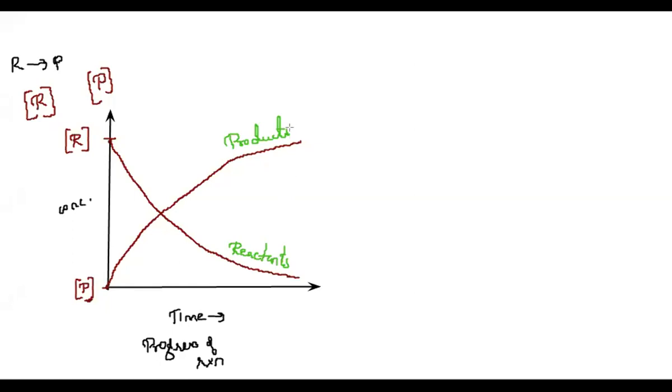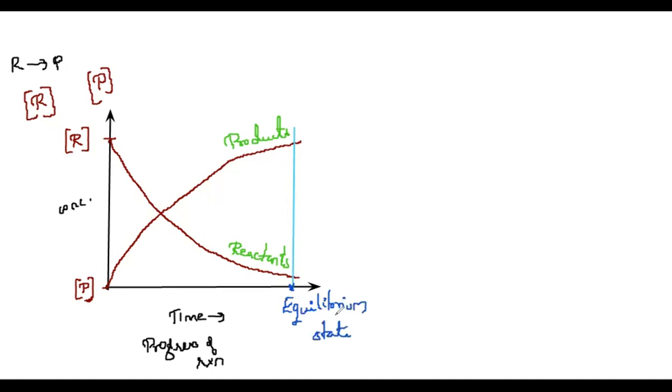This is the point where the concentration of the reactant and the concentration of the product remains constant. So can you see this point? At this point, the concentration of the reactants and the products remains constant. So this point is called what? This is called the equilibrium state. We call it the equilibrium state.